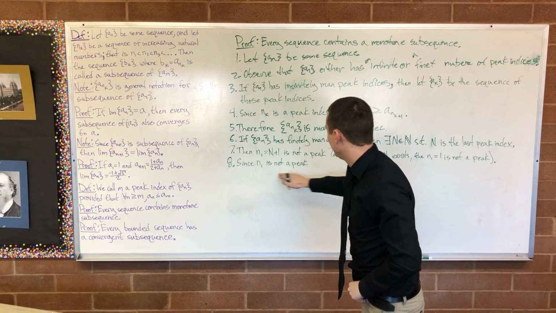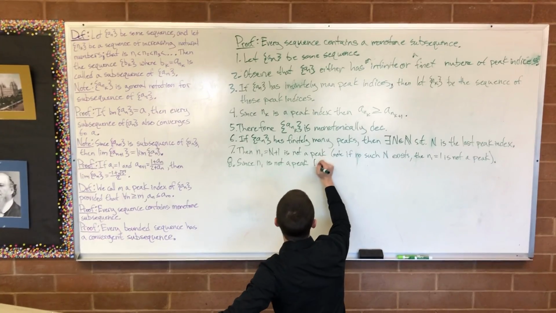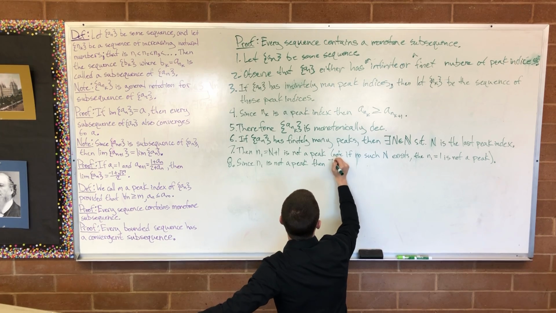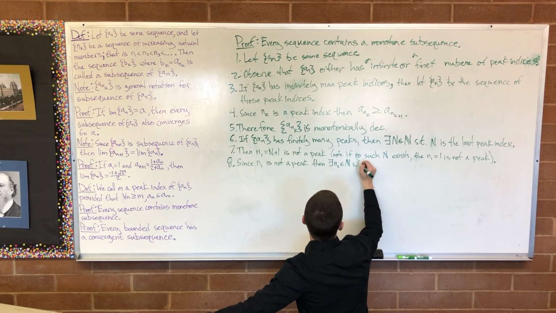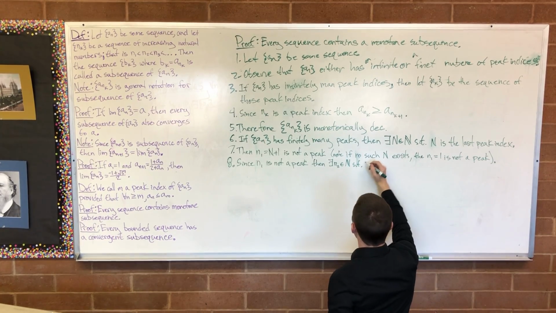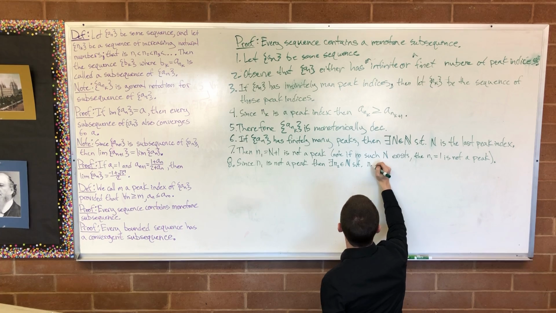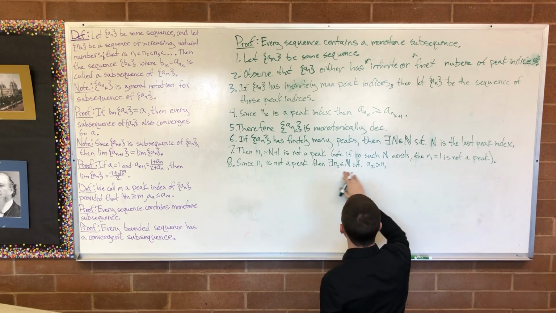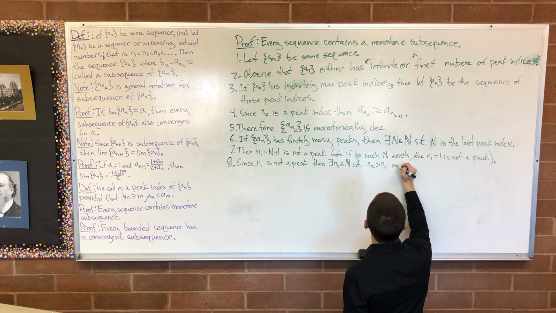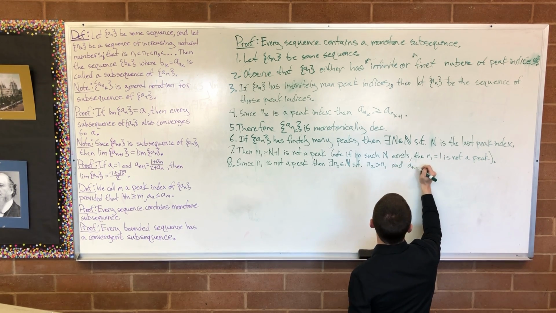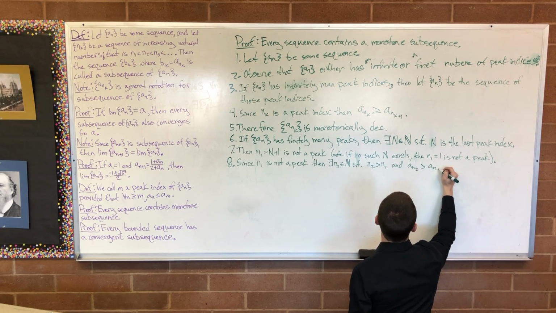So since n sub 1 is not a peak, there exists n sub 2 in the naturals such that n sub 2 is greater than n sub 1. So there exists some index later in the sequence where the value, a at n sub 2, is greater than a at n sub 1.